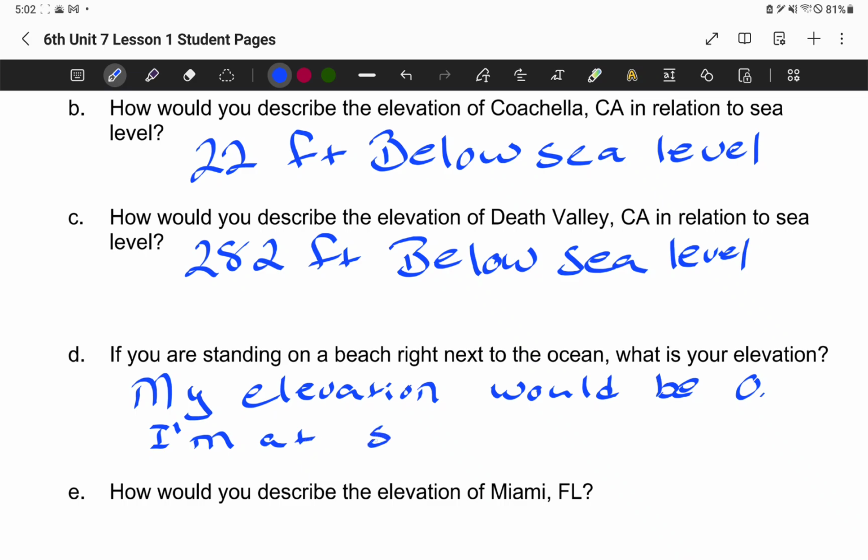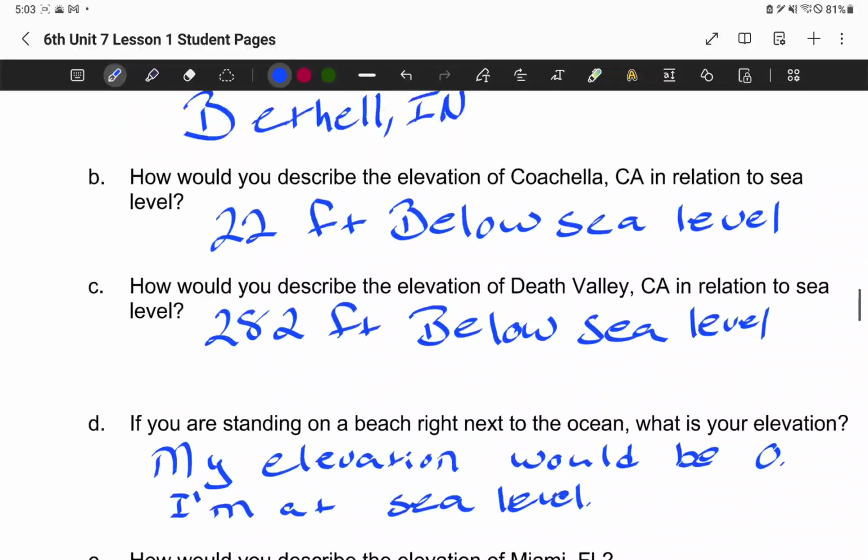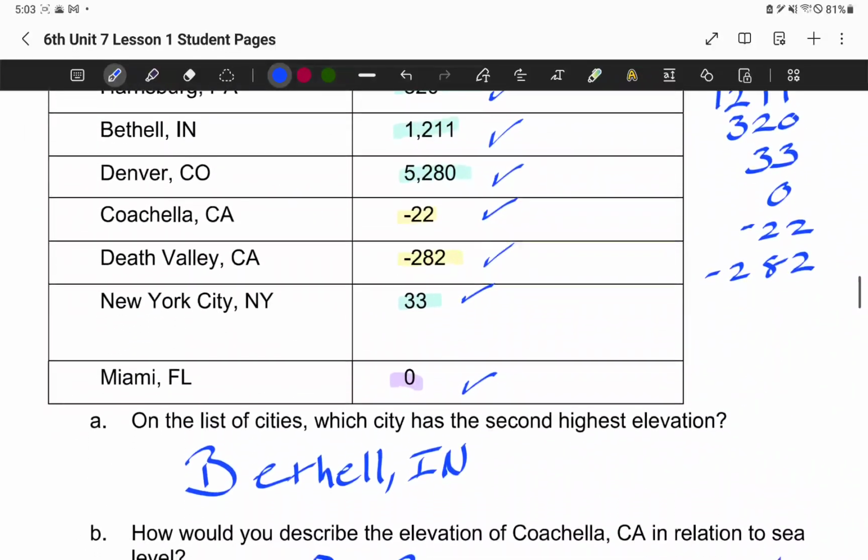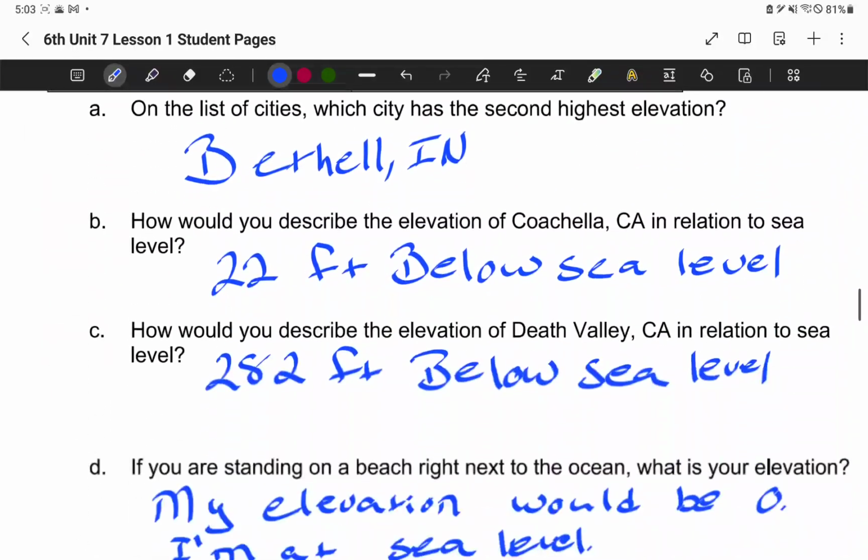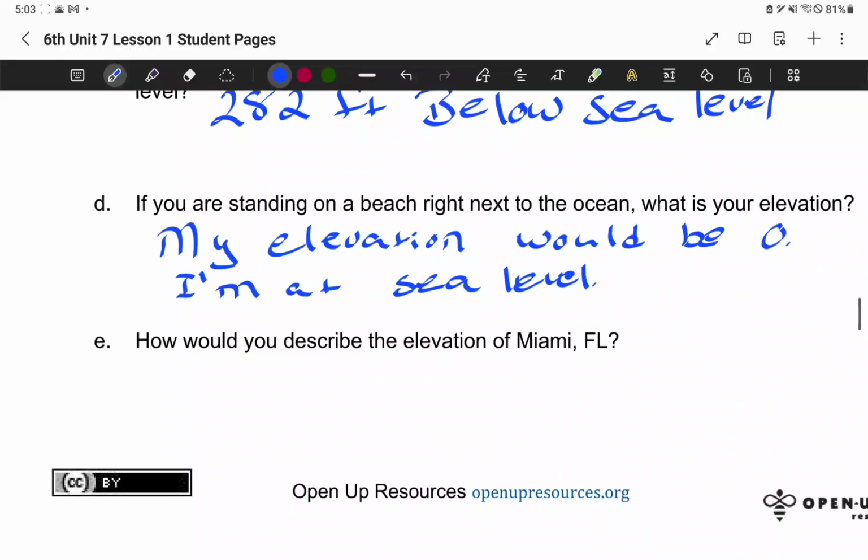I'm at sea level. And so then how would you describe Miami? Well, Miami's at 0. So Miami is at sea level.